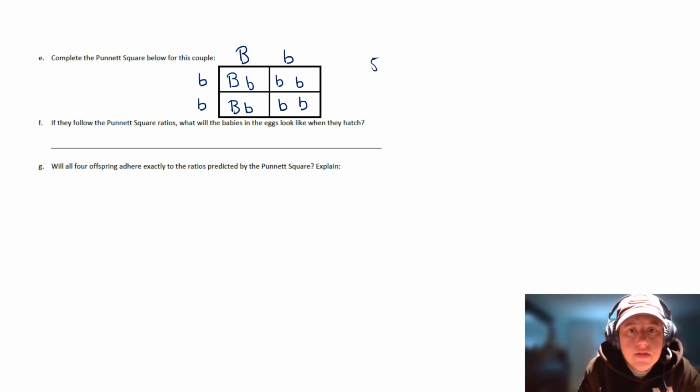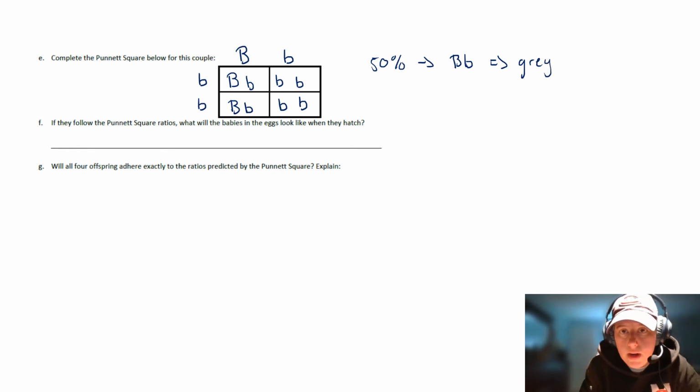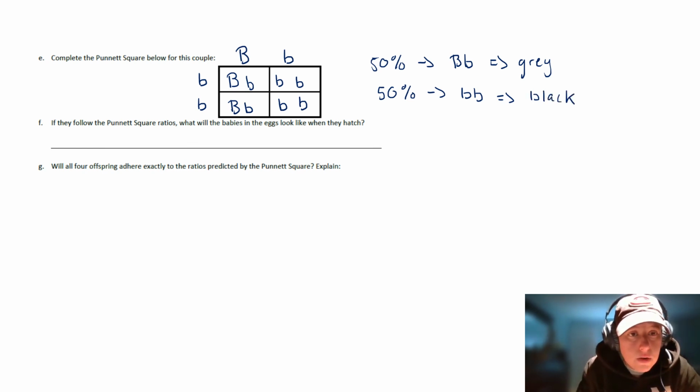So we have 50% of the offspring will be capital B, little b, which will be gray because they have at least one capital B, so they'll have at least one of the dominant traits. And then 50% of the offspring will be little b, which was the recessive trait, which is black. So that's what they'll look like.